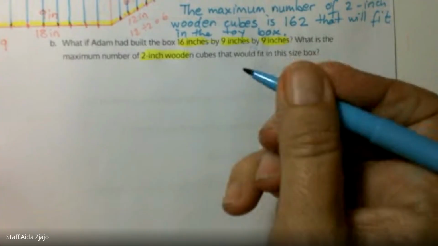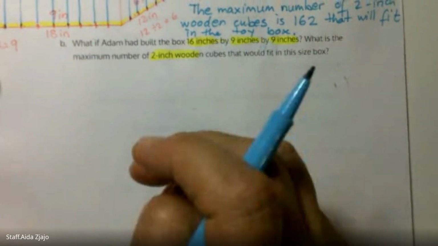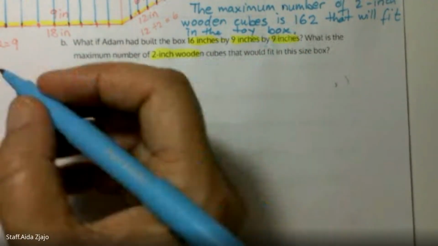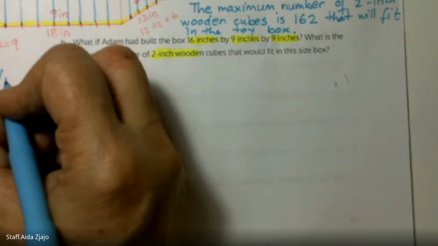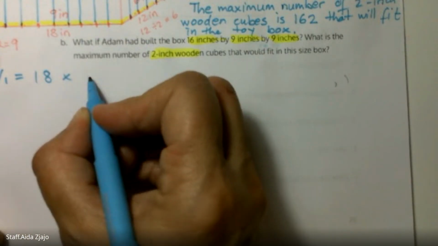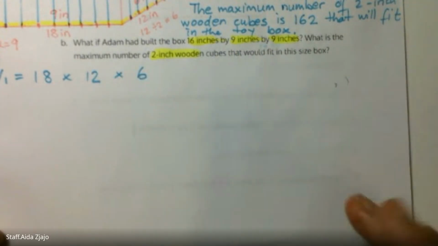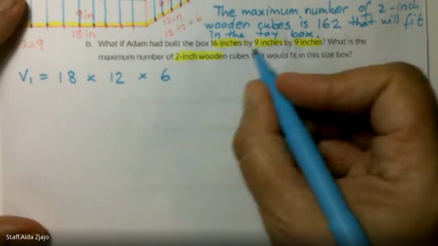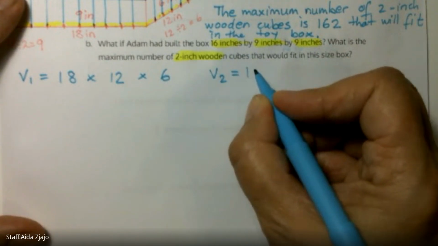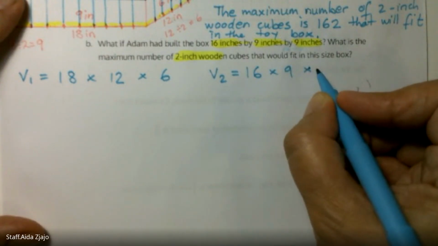We can try to see first if we decompose these factors into prime numbers. The first volume was 18 by 12 by 6, and then volume 2 is 16 by 9 by 9.